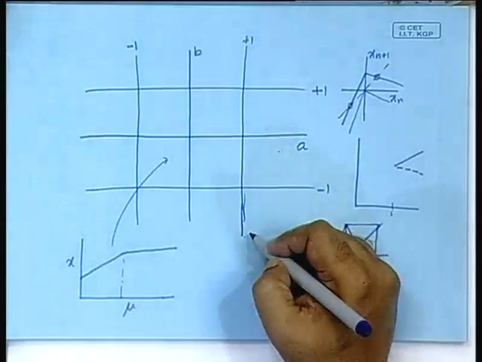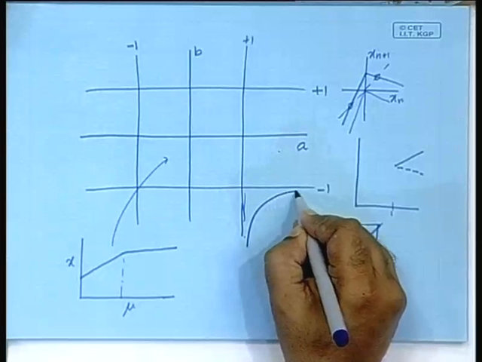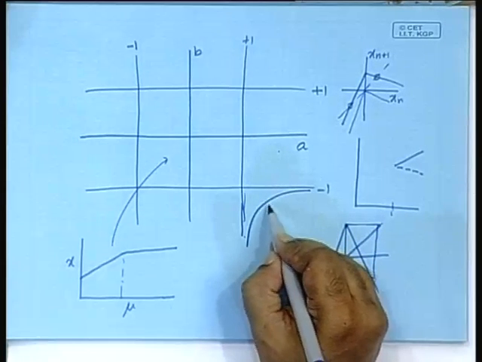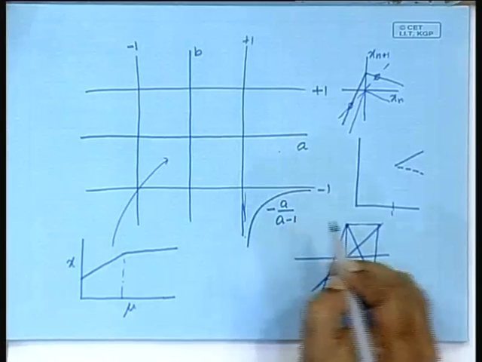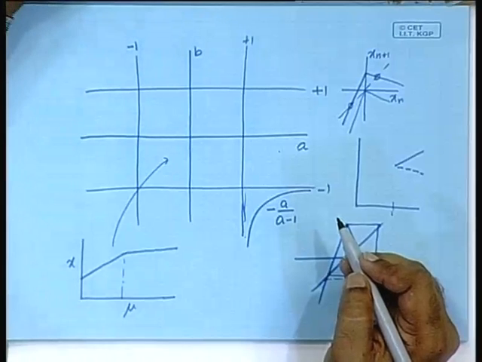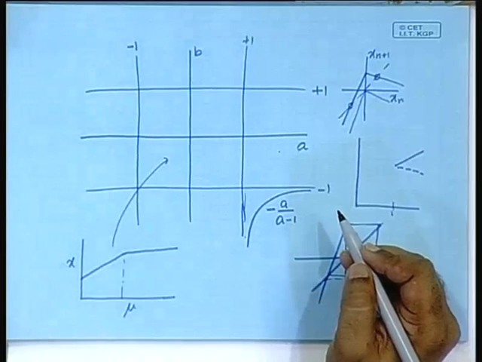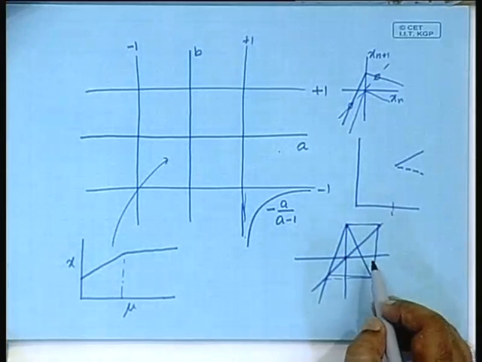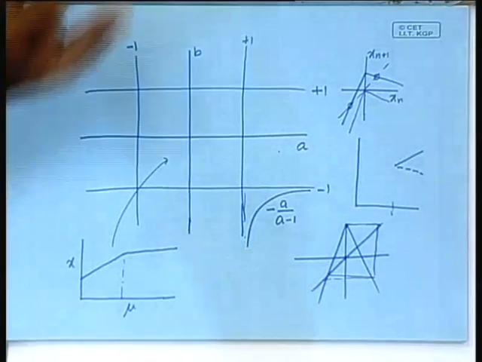If you do that, you will find that this will have a curve like this, where this curve is given by minus a by a minus 1. I am leaving this proof to you, I am just writing the value. So, we have come up to this stage.